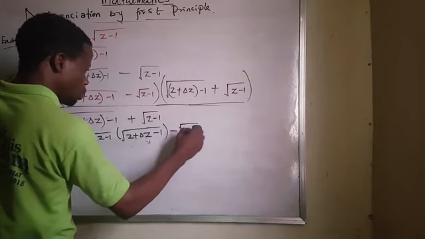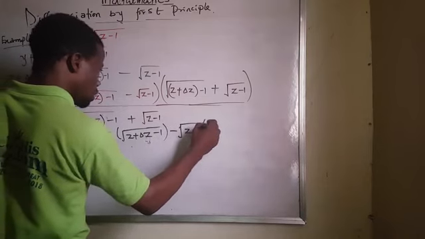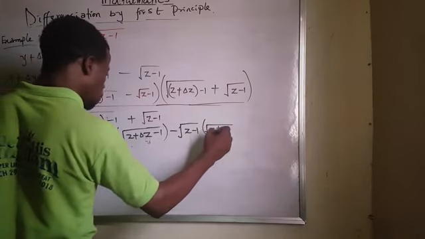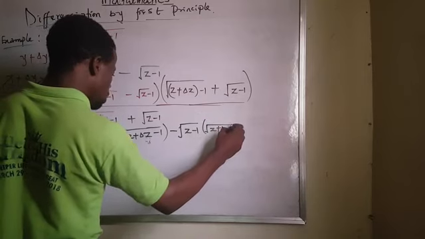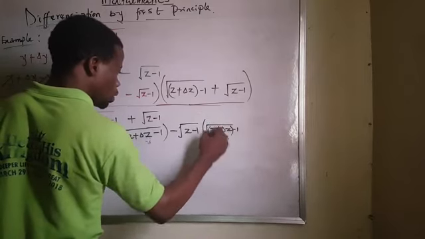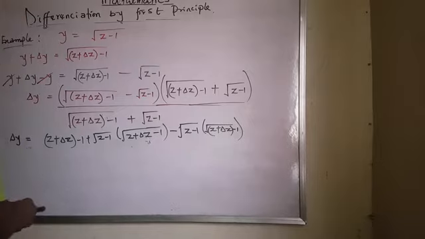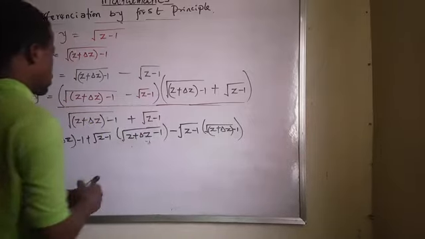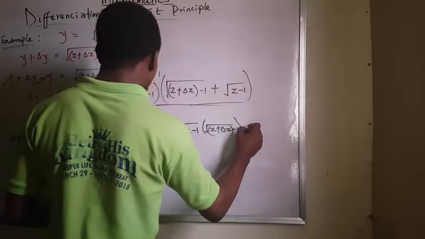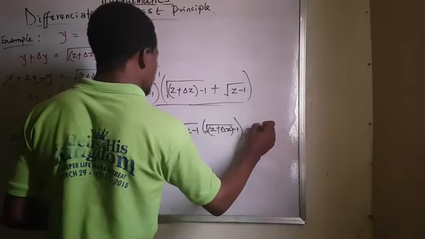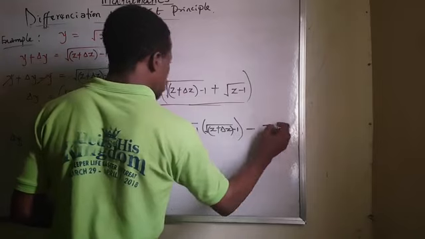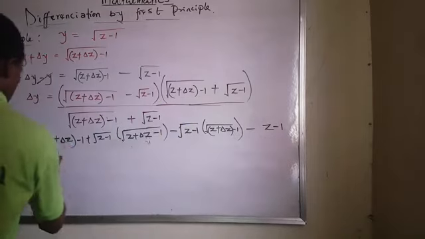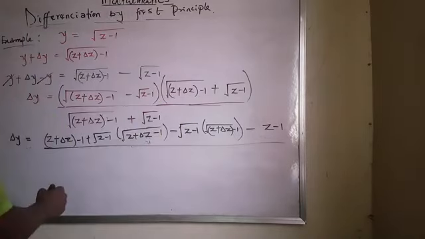You have z minus 1, open bracket, z plus change in z minus 1. Then we have this times this. That will give you minus z minus 1.